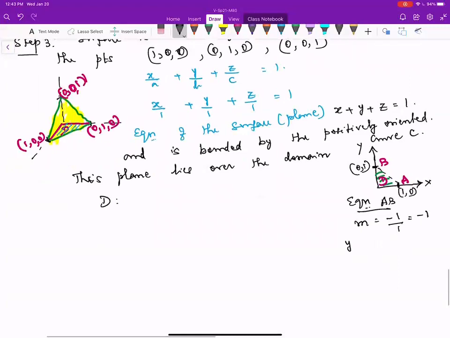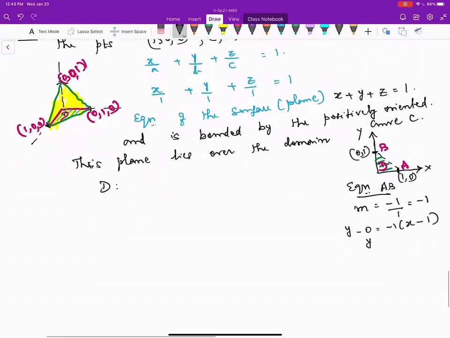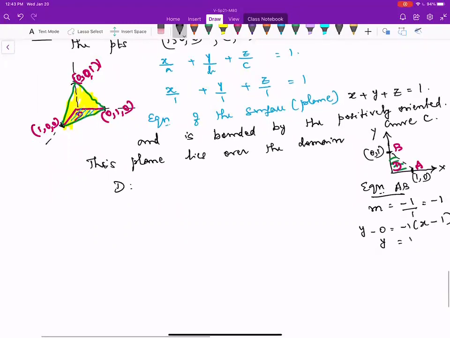Then the equation is y minus 0 equals m times x minus 1, so y equals -x plus 1.